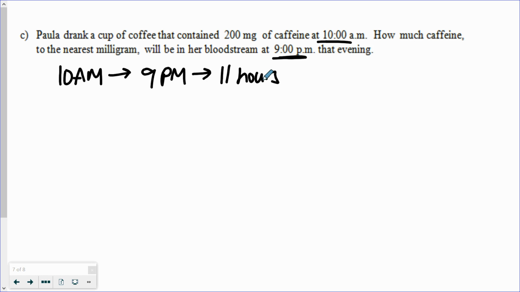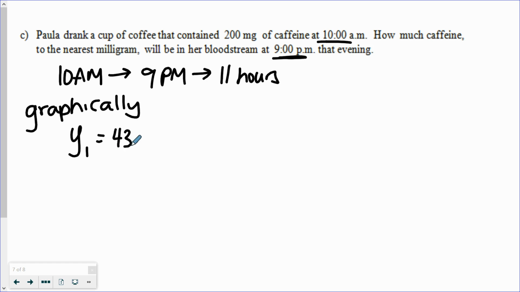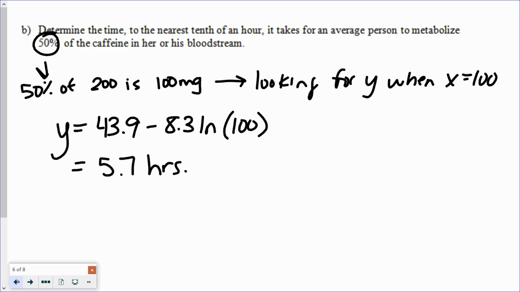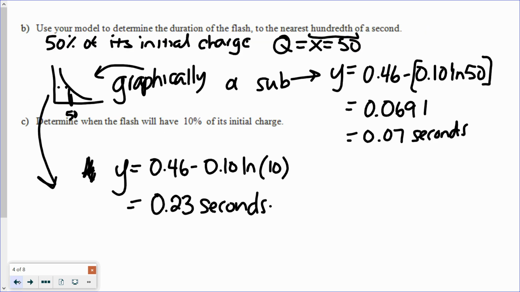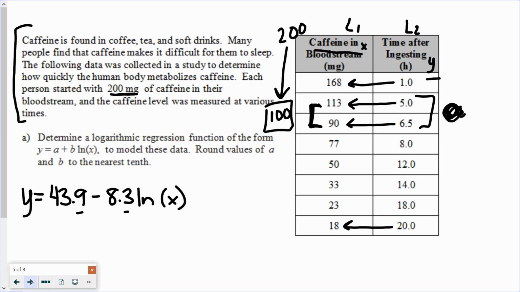And so this one, you're going to have to do graphically. So again, in y1, you're going to put in 43.9 minus 8.3 times the ln of x. And in y2, you're going to put in 11, right? Because if we look back at that chart, your y values are time, your x values are the amount of caffeine.